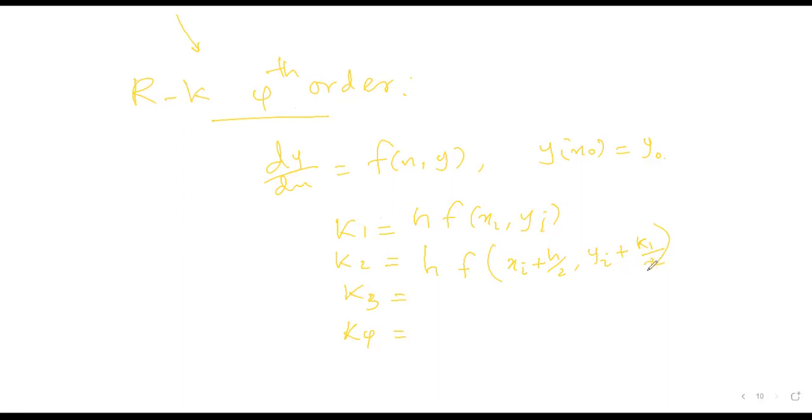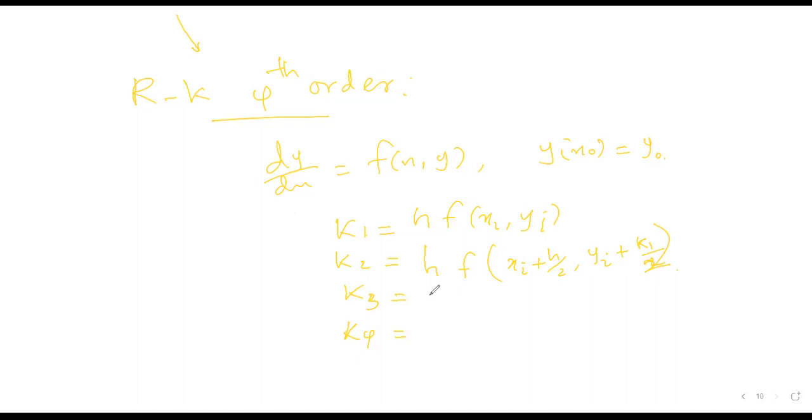So keep it in mind, K1 will be the same as the second order one. K2 is different from here. This K2 will be h of f, where to whatever the xi you add h by 2, and to whatever the yi you add K1 divided by 2.